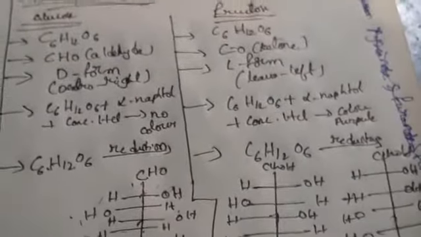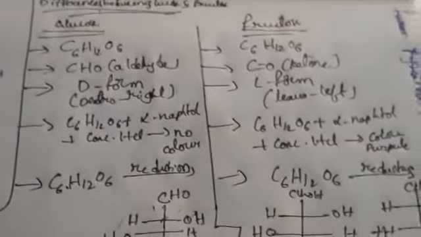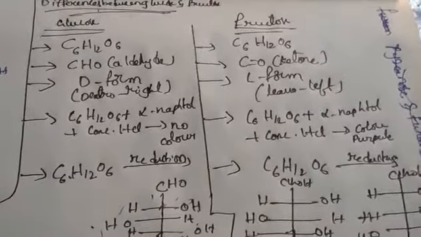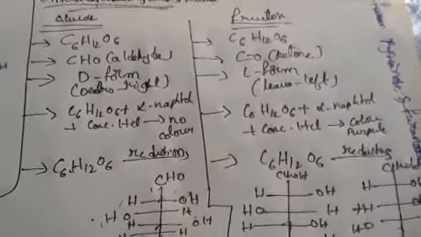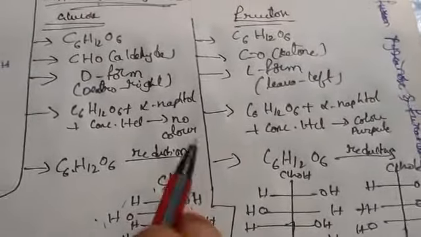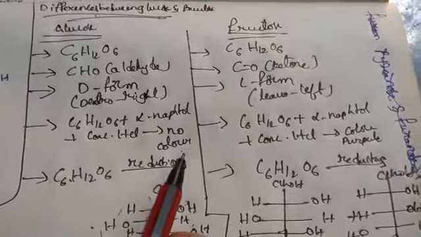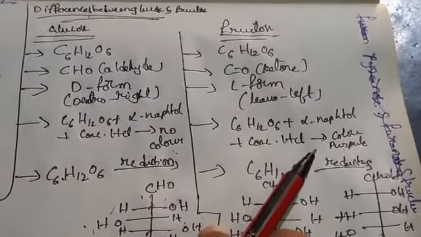glucose and fructose. So coming to here, glucose has the molecular formula C6H12O6, fructose has the molecular formula C6H12O6, and in one the aldehyde group is present, in the other the ketone group is present. It forms the dextro form and levo form. When we react with alpha naphthol and concentrated HCl, glucose gives no color. Coming to here, what will it give?